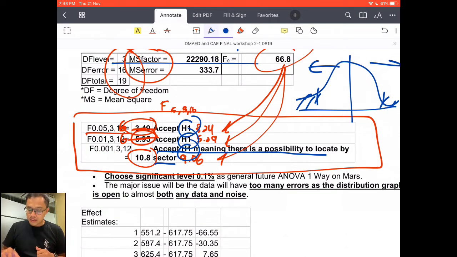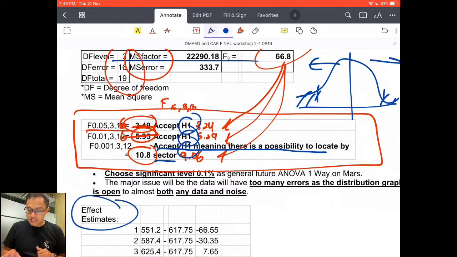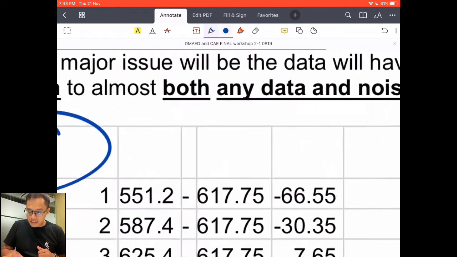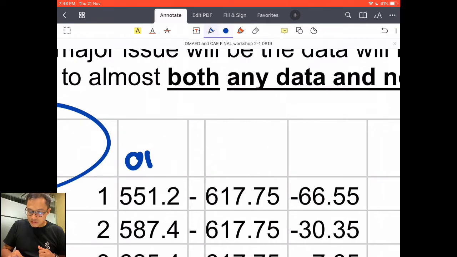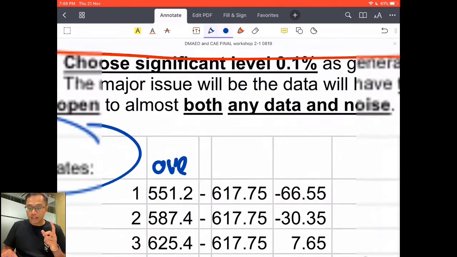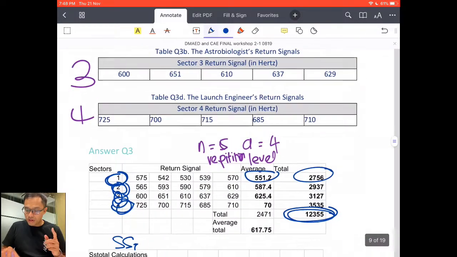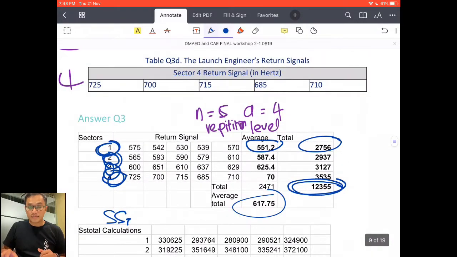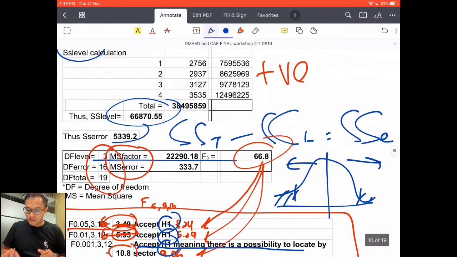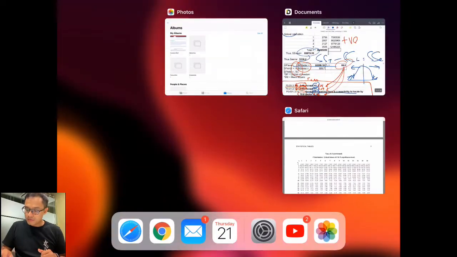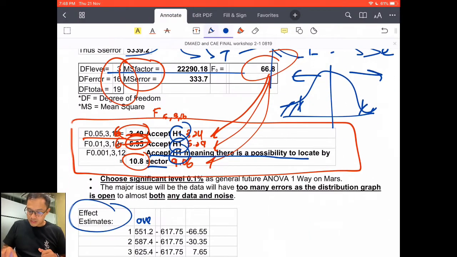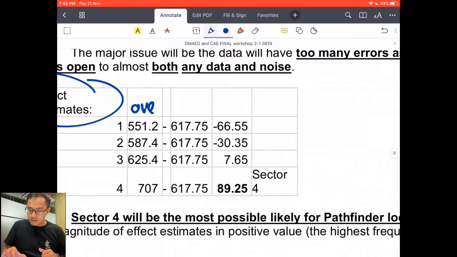Since H1 is accepted, you need to calculate the effect estimates, where the average here is the average for each of the levels, and you minus the grand average, which you have calculated here. From there you get your results.